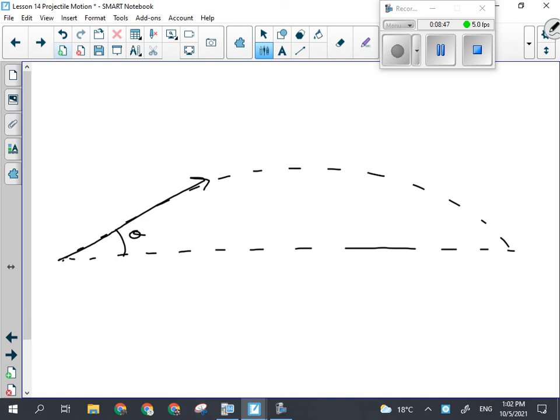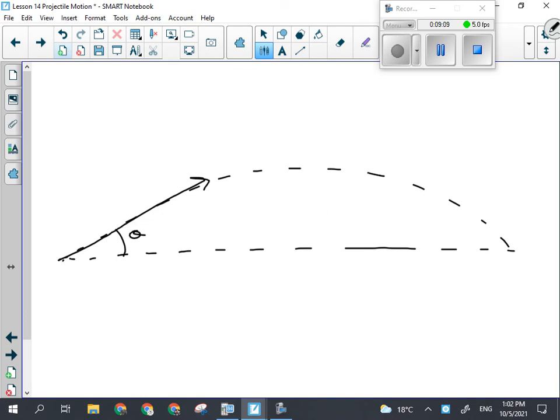In fact, it's called a flop shot. Some professional golfers will use it to get out of a sand trap. They'll hit the ball and it'll almost come right back down on top of it. Now, you obviously wouldn't want to do that because then you take another stroke. It's still in the bunker. They don't go very far forwards if they're angled even more. Everybody all right with that idea?